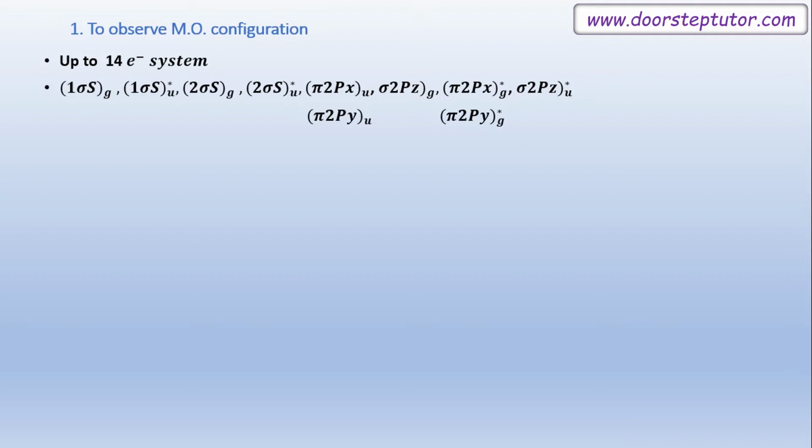Here you can see the electrons enter into the sigma 1s orbital first, then sigma star 1s, then sigma 2s, sigma star 2s, and pi 2px and pi 2py orbitals, then sigma 2pz, then pi star 2px and pi star 2py, then sigma star 2pz. So this is very important when the given diatomic molecule is up to 14 electron system.